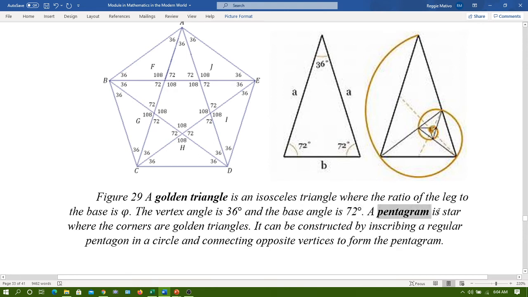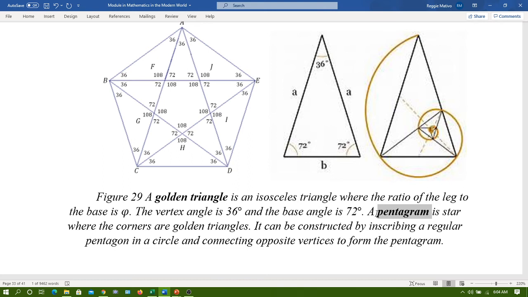A pentagram. You always hear, or maybe you have heard about the pentagram. A star where the corners are golden triangles. It can be constructed by inscribing a regular pentagon in a circle and connecting opposite vertices to form the pentagram. So that is a perfect star.